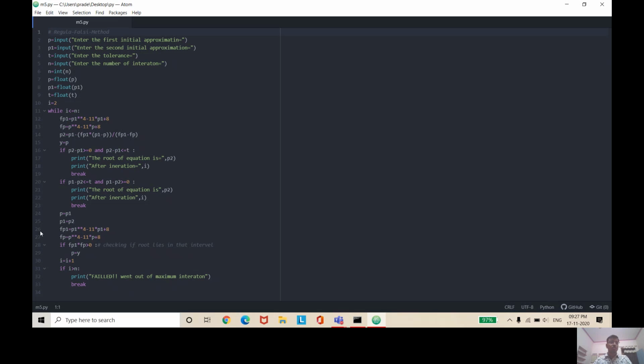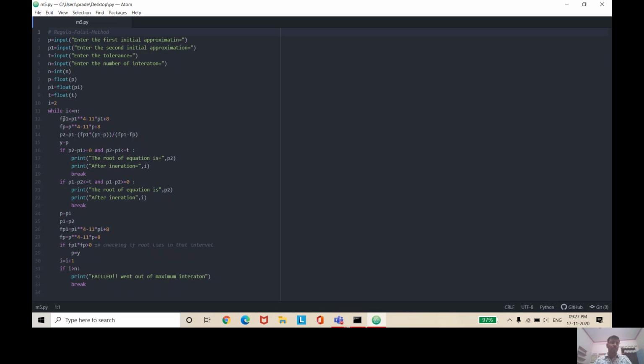Now I have started a while loop with the condition that i should be lesser than the maximum iteration value. Here the function which I have taken is x power 4 minus 11x plus 8.